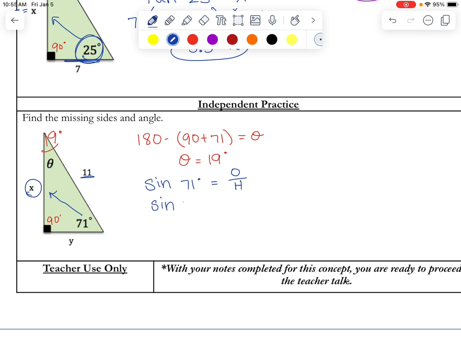So if I rewrite this, sine 71 degrees, my opposite would be x, my hypotenuse would be 11. So I need to multiply both sides by 11. So those would cancel out. I should get x equals 10.4 for x.